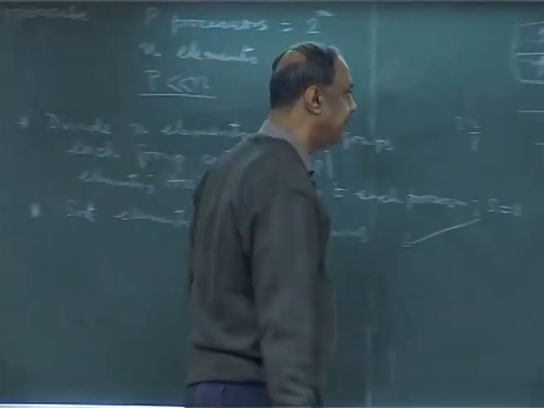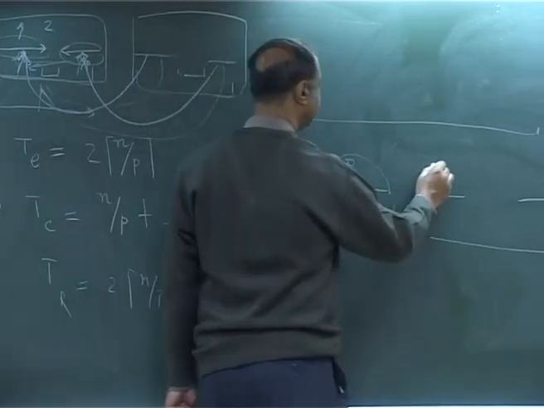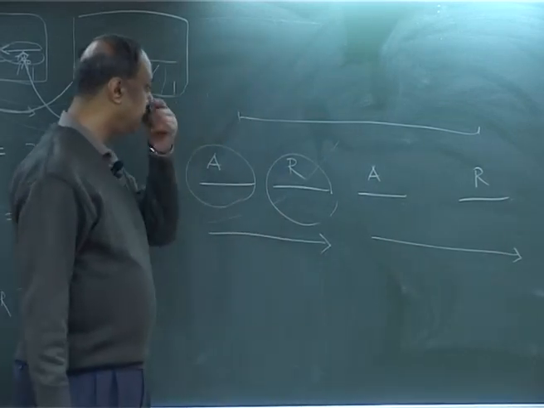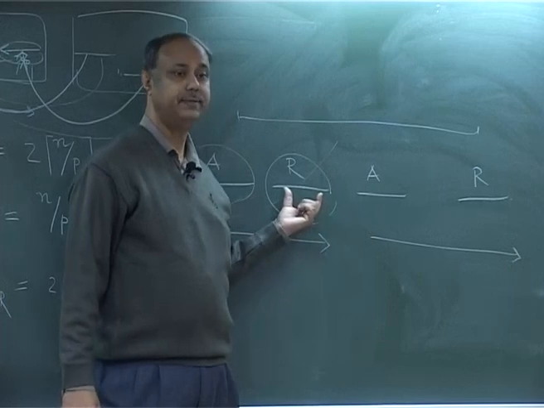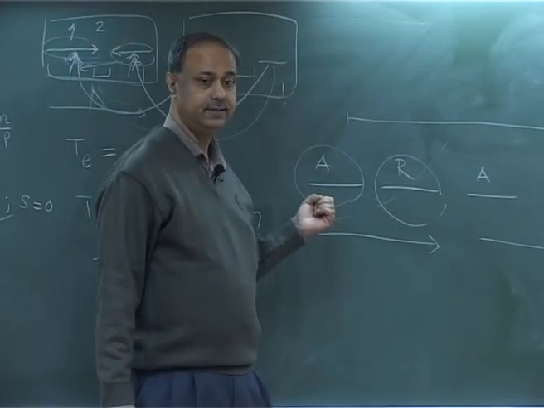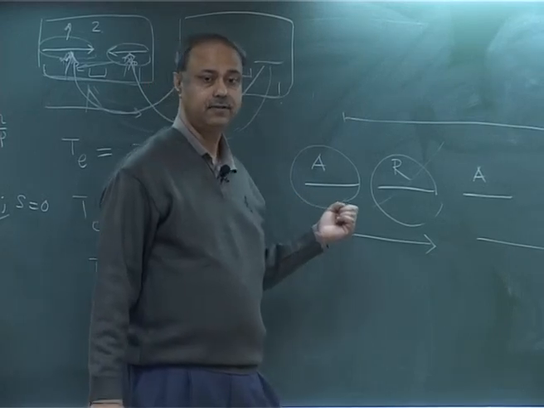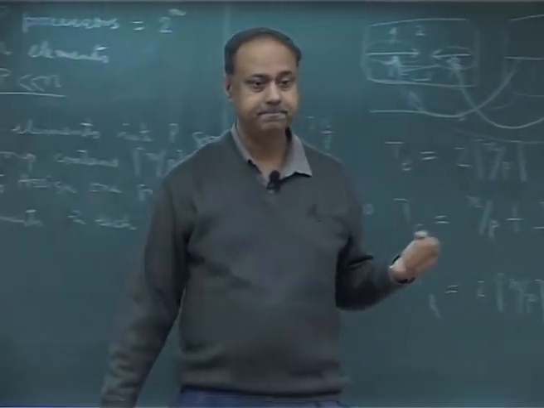This contains all accepted elements, this contains all rejected elements, but there is no guarantee that these accepted elements are smaller than this element, right. No idea?